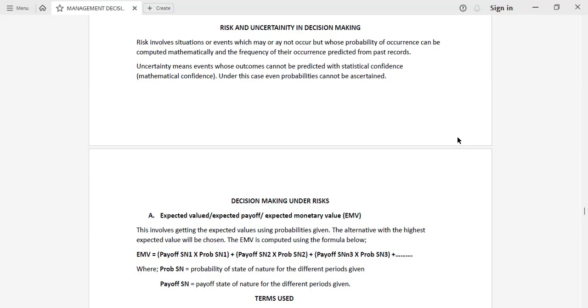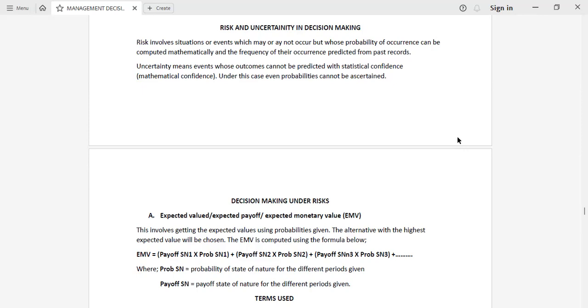So here you can just decide to bet on any team. You can say Arsenal is going to win or Manchester is going to win, if at all you don't have any previous records that you can use to benchmark your decision. In other words, here we don't have percentages. We don't even have past records. We are just making decisions basing on how we see things, and we just wait for whatever comes out.